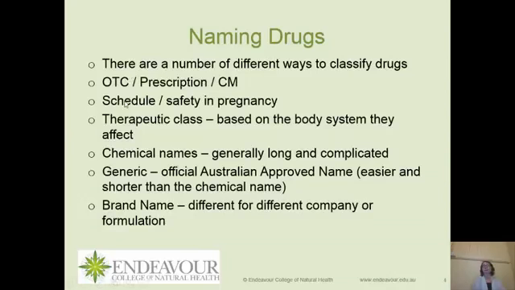It's another way of classifying substances. Safety and pregnancy is another classification system, as well as we've seen this system of classifying access to that medication, whether it's over-the-counter, not requiring a prescription, prescription medications, or those requiring a prescription from a complementary medicine practitioner, or over-the-counter medications sold through various access points that are actually complementary medicines.